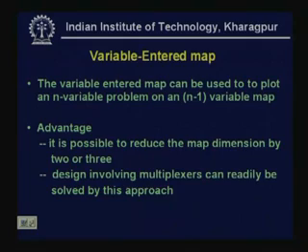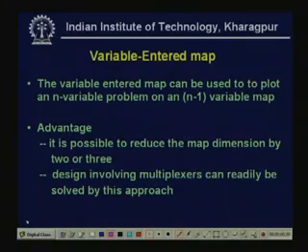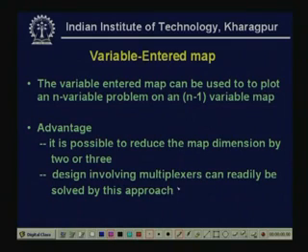So, it will be very good for writing a program and for large variables, and designs involving multiplexers can readily be solved by this approach. So, this is another big advantage. That means, if my design problem involves multiplexers, like the examples we have just discussed, equations such as AC bar plus BC bar, then it will be very good to choose the variable entered map.